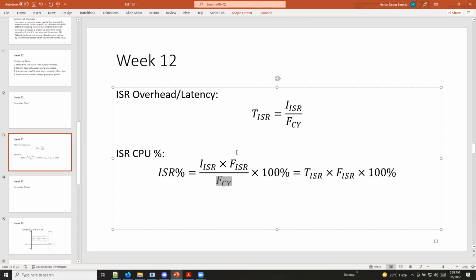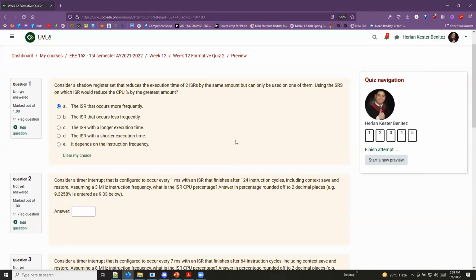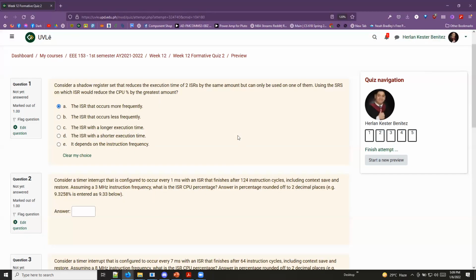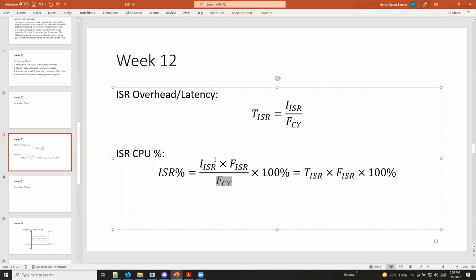I think in the examples I gave in the week materials, there is an example that uses a shadow register set. If we use it on a longer or shorter execution time, since we reduce the same amount, the overall effect should be relatively the same.